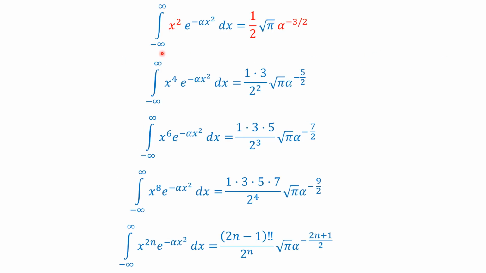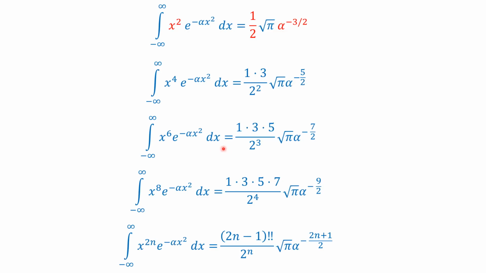Now we will consolidate our result and we will make it into a generalized form. So for x squared times the exponential term, if you integrate, you get 1 over 2 square root of pi alpha power minus 3 by 2, and for x power 4 you got 1 dot 3 divided by 2 square root of pi alpha power minus 5 by 2.